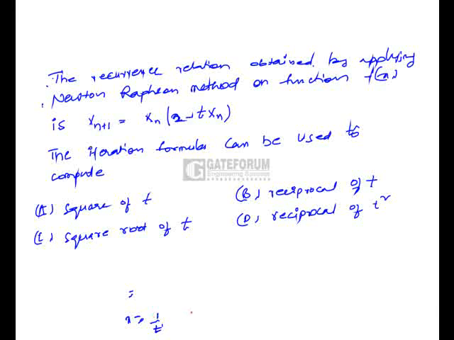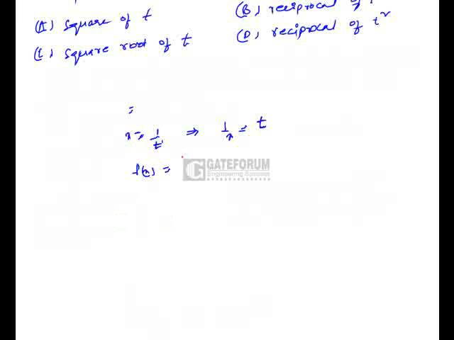As it is used to compute reciprocal of t, this implies 1 by x is equal to t. If this is the function in terms of x, then f of x will become t minus 1 by x, and the Newton-Raphson iteration formula is given by xn plus 1 is equal to xn minus f of xn by f dash of xn.